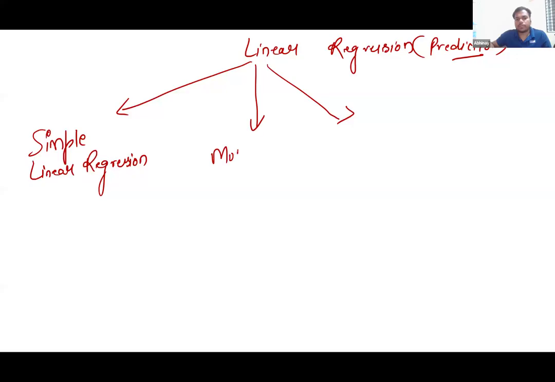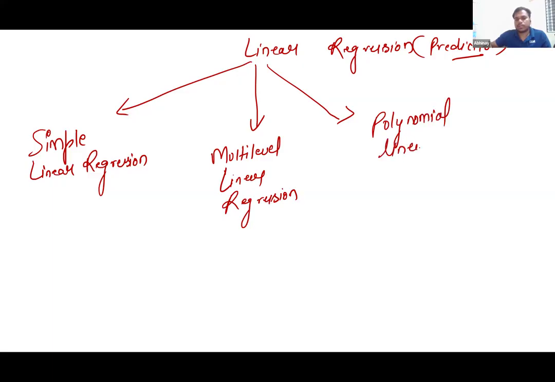After that, we have multiple linear regression. Next, we have polynomial linear regression. These are basically the three types of linear regression we have in machine learning.